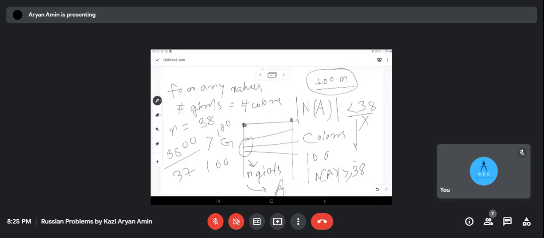But also note that during this proof, did we actually use the fact that the number of balls per color is 100? Does the proof make sense till now? Okay, so suppose there were 60 balls per color.